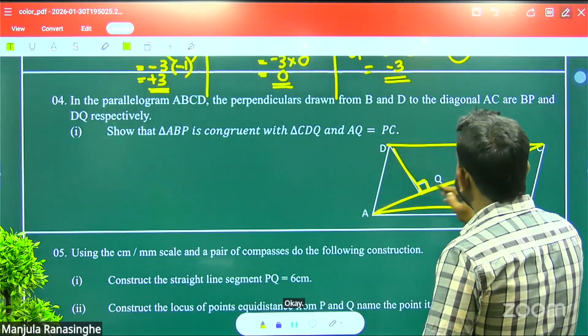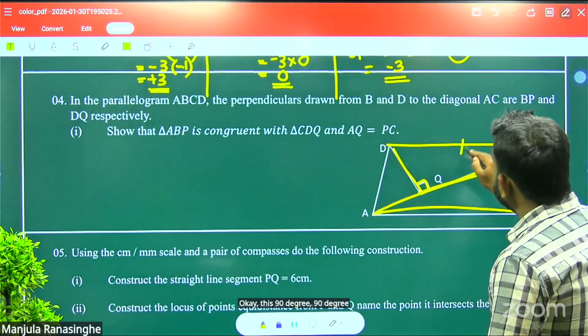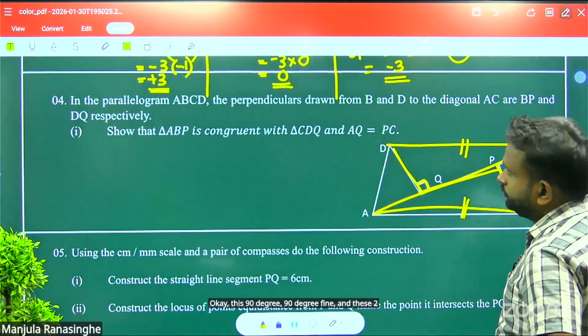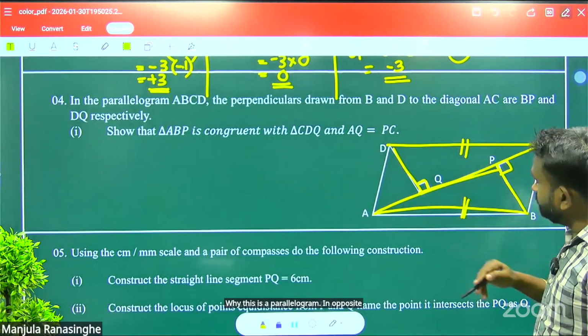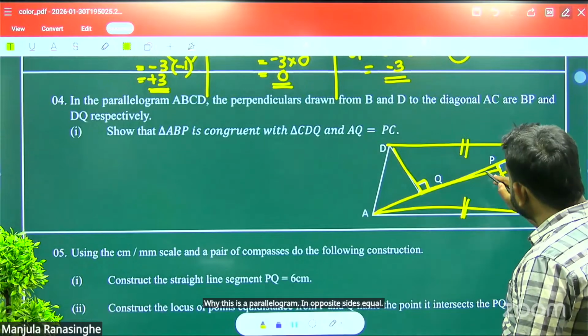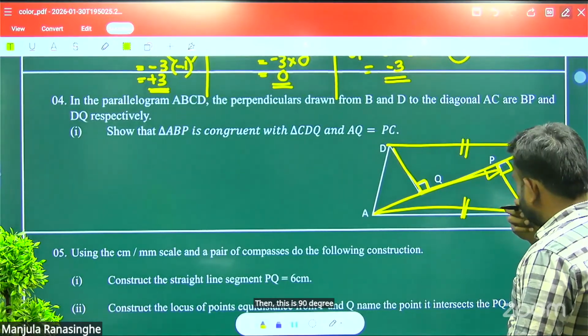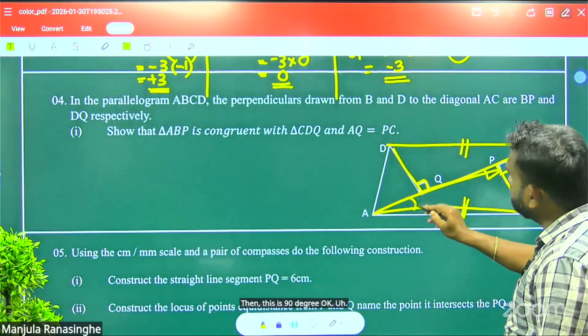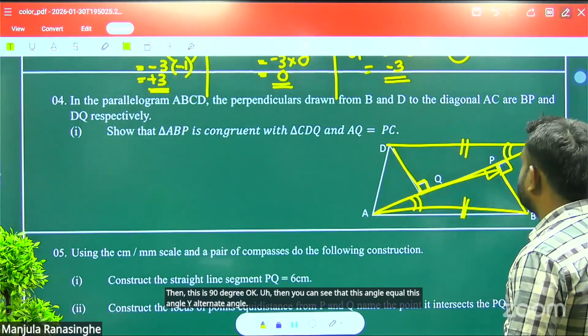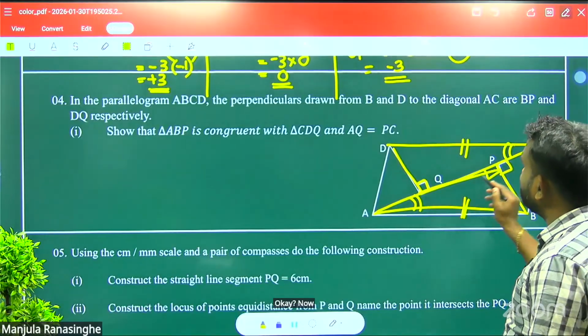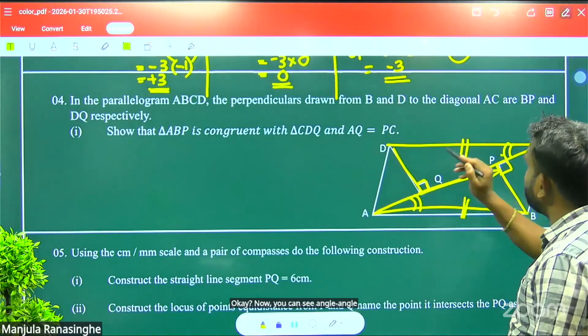This is 90 degrees, and these two sides are equal. Why? This is a parallelogram, so opposite sides are equal. This is 90 degrees. Then this angle equals this angle. Why? Alternate angles. Now you can see angle and sides.